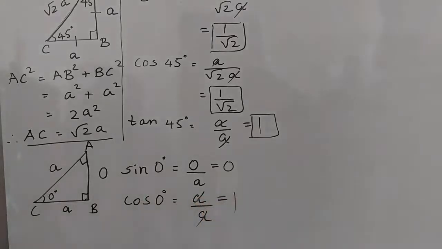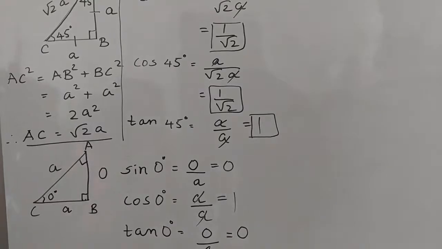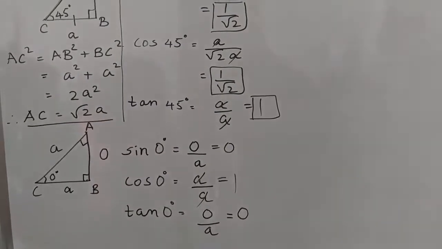I get cos 0 value 1. And now tan 0 degree. Tan means opposite, that is 0, and adjacent to it A. So again tan 0 is also 0. So likewise we get sine, cos and tan 0 degree values.